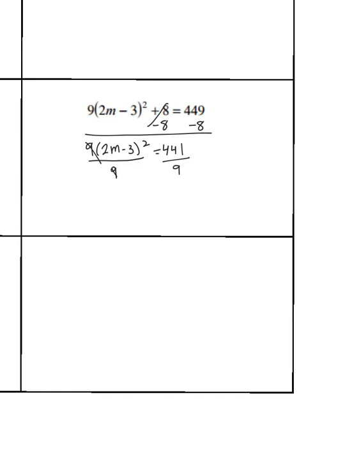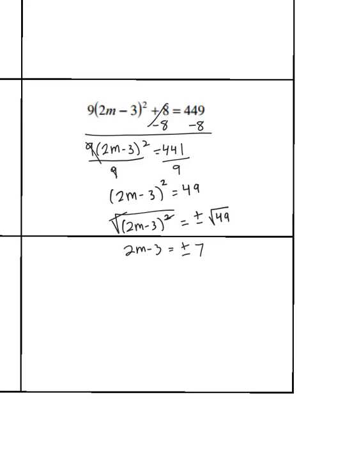You can use your calculator for the numbers. I know that they're big. I think this gives you 49. Okay, and then I want to get rid of that exponent of a 2. So I'm going to take the square root of both sides. That entire quantity in parentheses is going under the square root. And then I'm going to do plus or minus the square root of 49. So these are gone. The square root of 49 is 7.